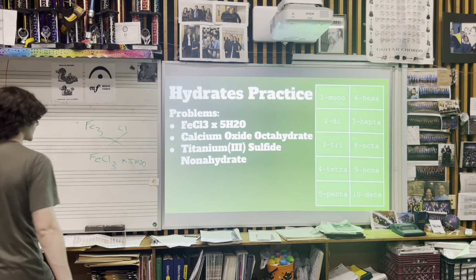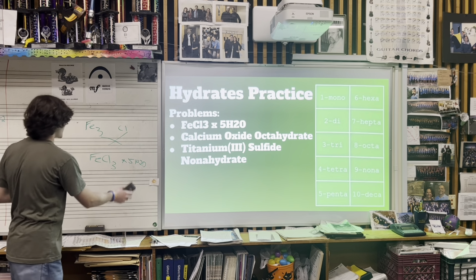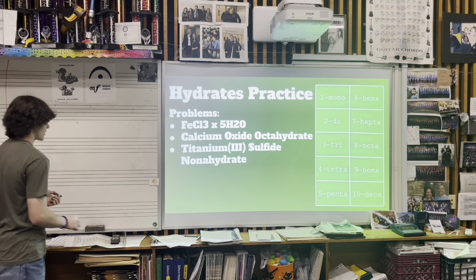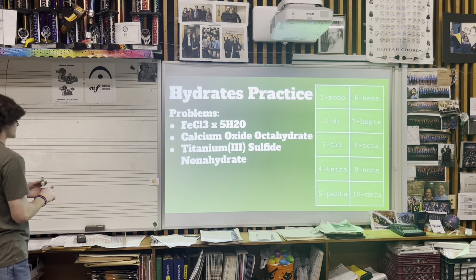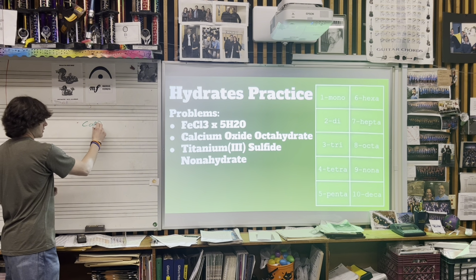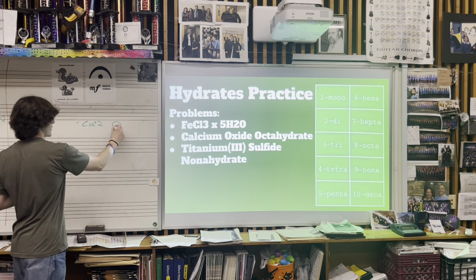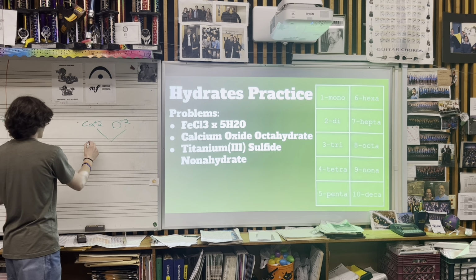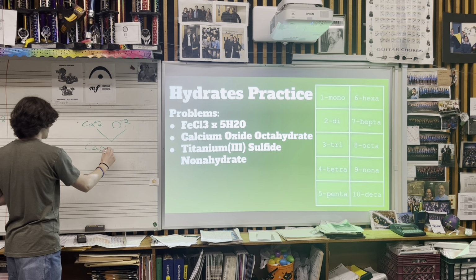Next, you have calcium oxide octahydrate. So this is going from name to formula. So if you look to your periodic table, you'll see that calcium has a charge of +2. And oxide has a charge of -2. So again, you're going to flip the subscripts here. So it's going to be Ca2O2.